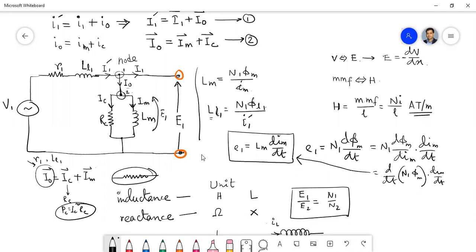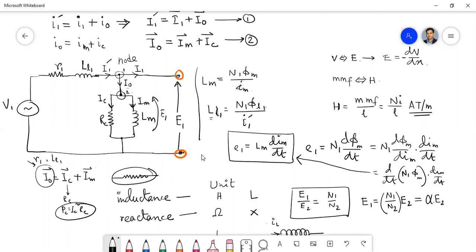Now, if we write E1, what is E1? E1 is N1 by N2 into E2. Now, what is this N1 by N2? It's just a ratio. It doesn't have any unit. It's just a number, isn't it? So that means we can write some value, suppose alpha, into E2.